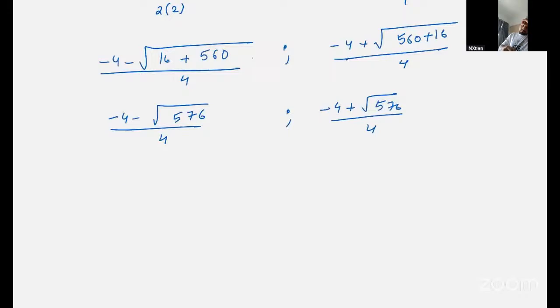So minus 4 minus 24 upon 4, and the other one is minus 4 plus 24 upon 4.